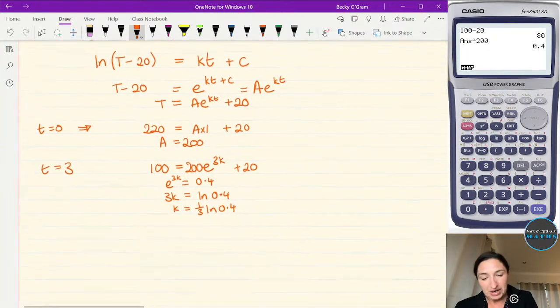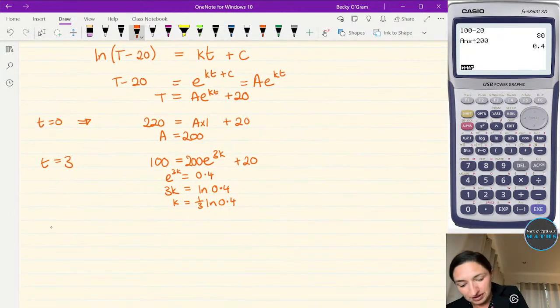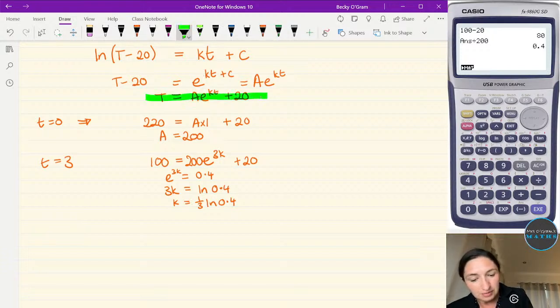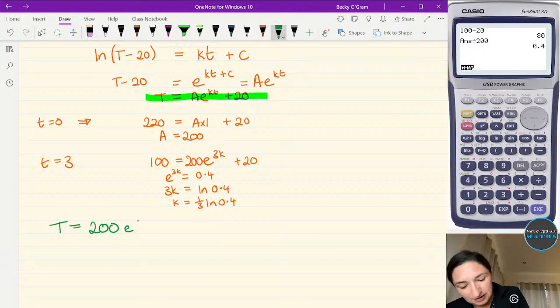Right, so back to the original temperature equation. Let's just switch up the colors so we can track this. The equation that I've got here, I'm going to put all of the values into that. So T is equal to 200 e to the power of, we worked out that k is 1/3 natural log 0.4, times t, plus 20.